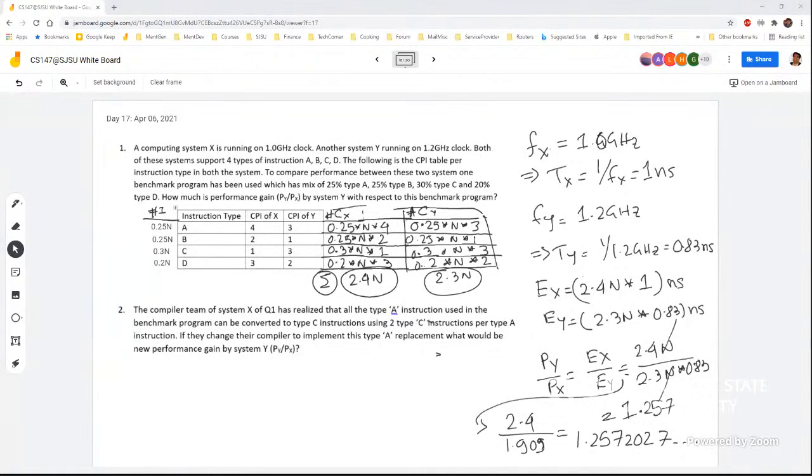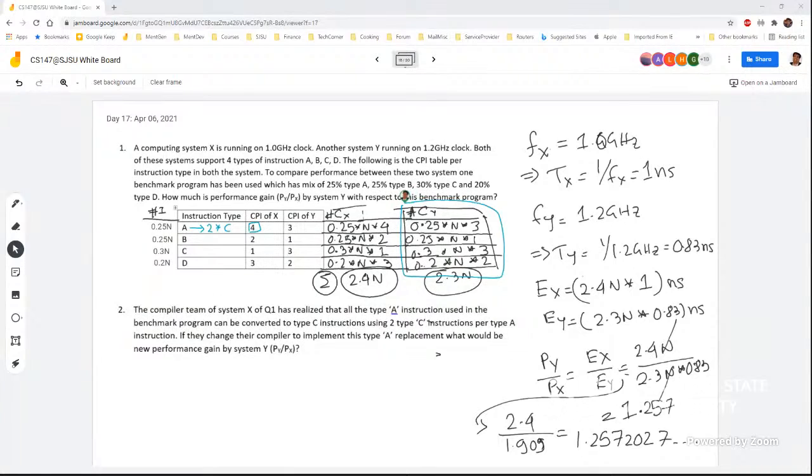Now you see what the software team did is make this into 2 C. So it increased the number of instructions, but it actually avoided this high CPI. So your C calculation for Y remains the same.